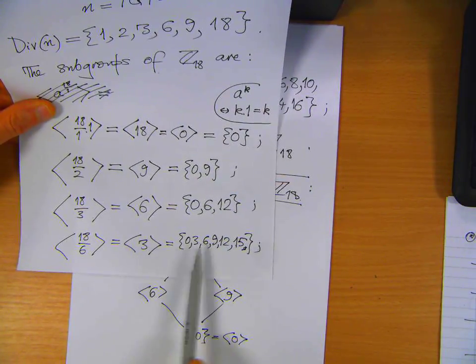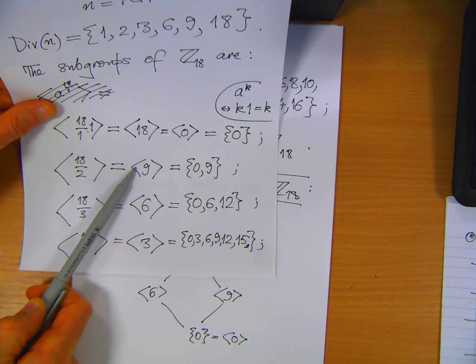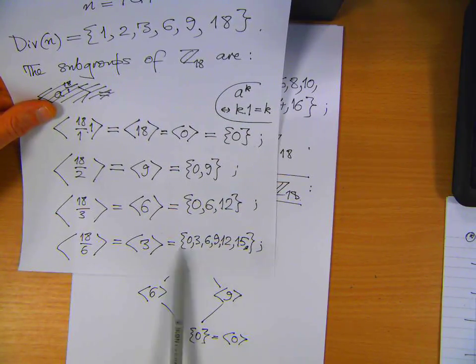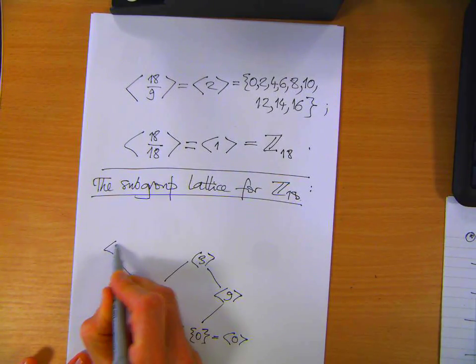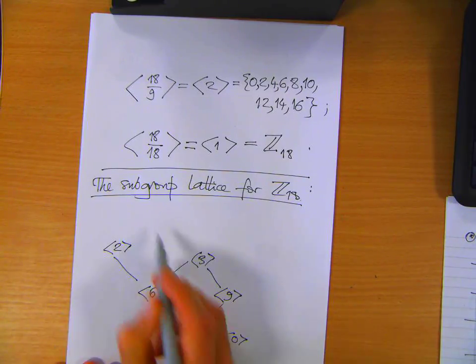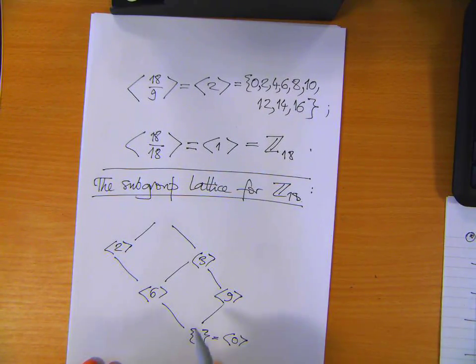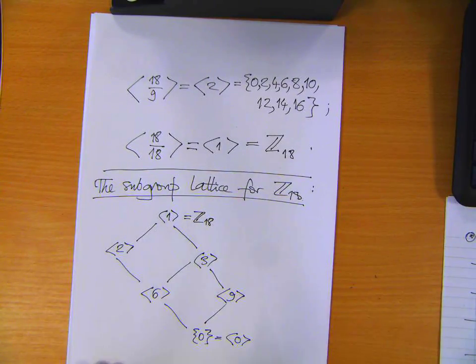The one generated by 3 is this, and both the subgroup generated by 6 and the subgroup generated by 9 are subgroups of this. So that's why I've got these lines. The one generated by 6 is a subgroup of 2, and then both of these are subgroups of the whole thing. So the 6 subgroups fit into this lattice diagram.